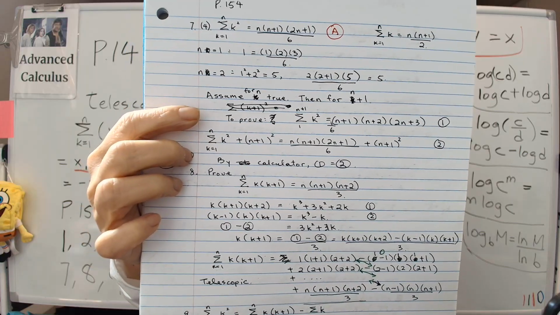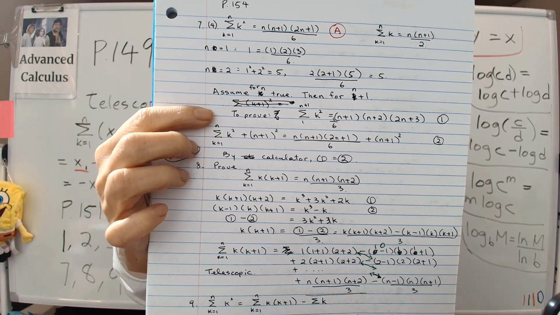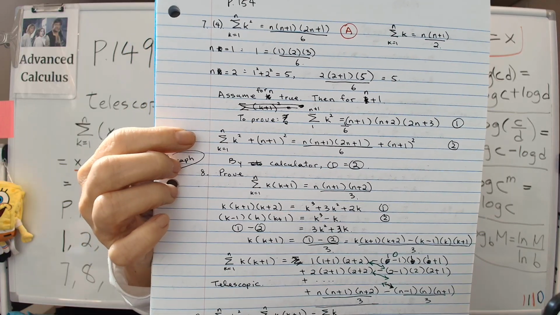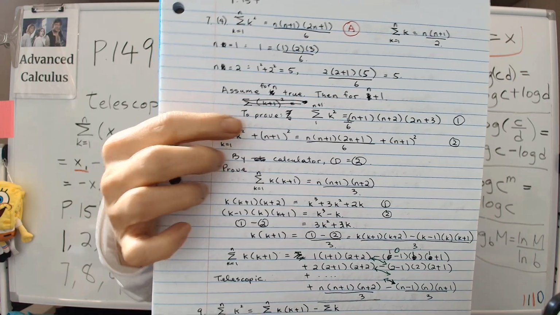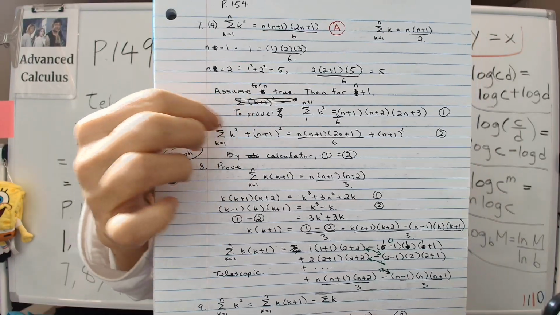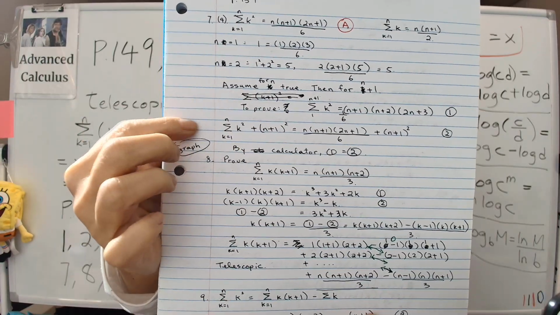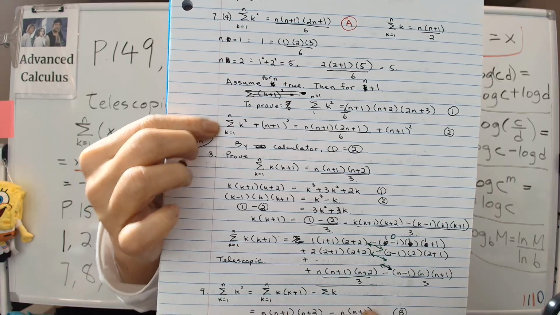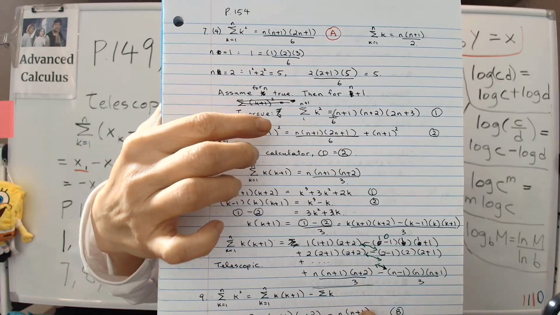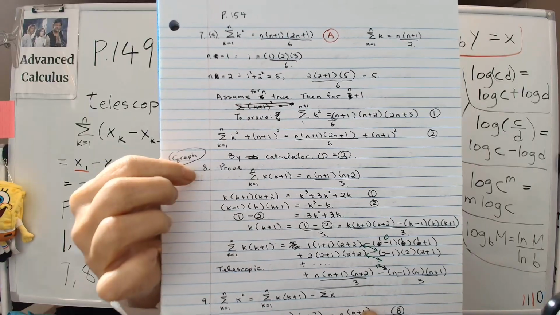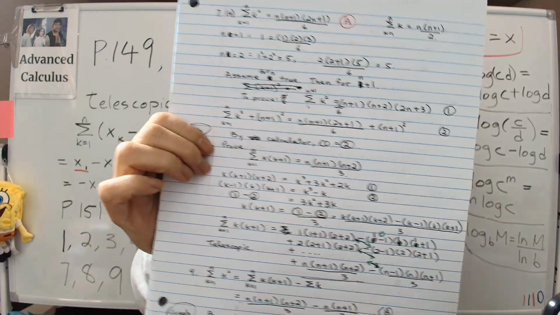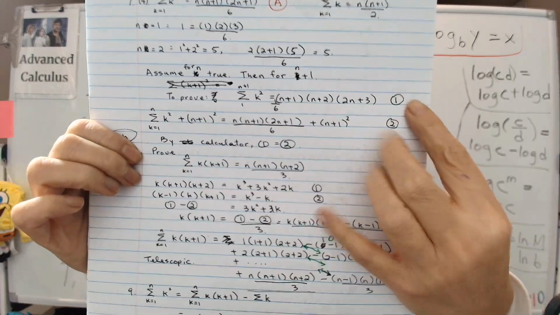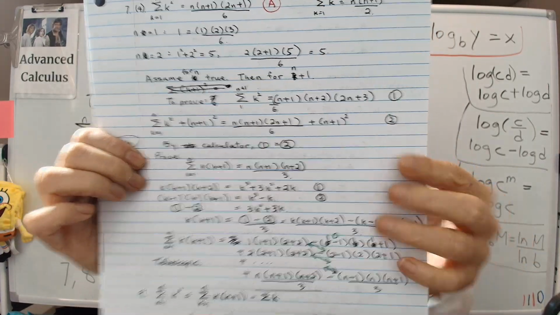So we need to assume that something is true. And what are we assuming? Well, we're assuming one of these things, and we have to prove that the other one is true. That is, we have to prove equation 1 equals equation 2.